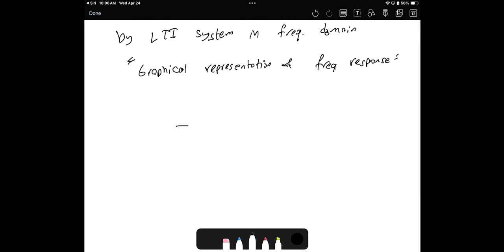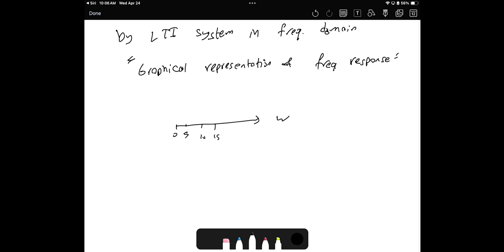For example, the frequency axis can be 0, 5, 10, 15, 20, and so on. With this axis, it's very slow to see these changes. But if you want to make it faster, we will make the frequency a log axis.